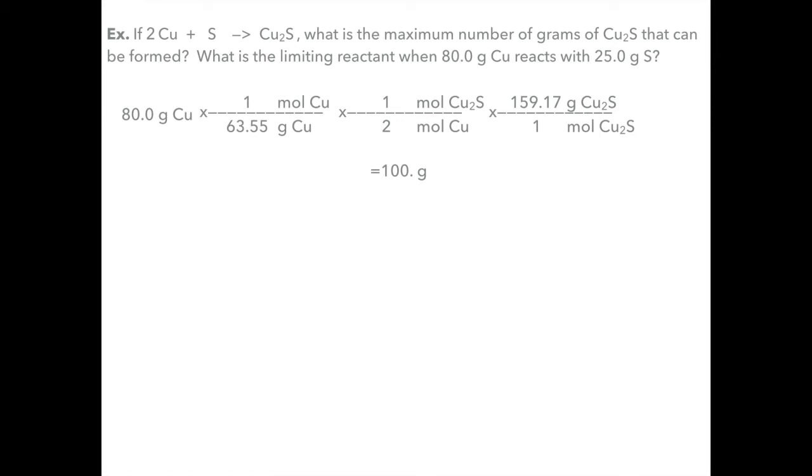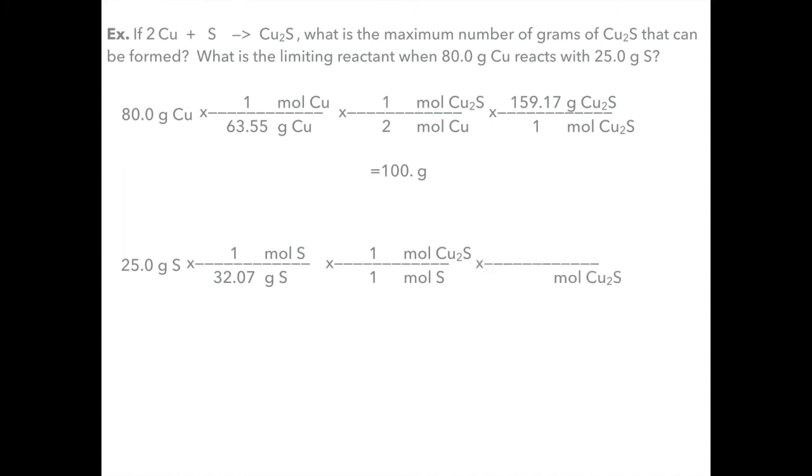But we have another reactant, so we need to figure out which of those reactants produces the least amount of product. So I've got 25.0 grams of sulfur. I'm going to convert into moles of sulfur, put the molar mass of sulfur. Then I'm going to get into moles of copper 1 sulfide, so moles of sulfur on bottom, moles of copper 1 sulfide up top, 1 and 1 for your mole-to-mole ratio.